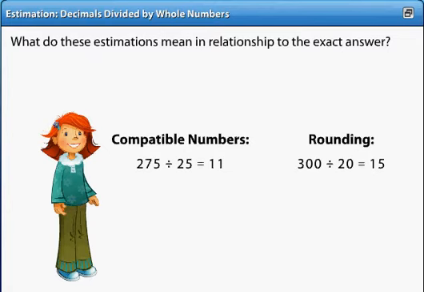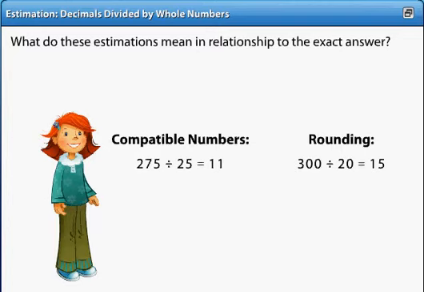What do these estimations mean in relationship to the exact answer? This probably is not going to be as close as when you find compatible numbers. You can see this 275 went from 269, so that's barely an overestimate. This went to 25 from 23, barely an overestimate.